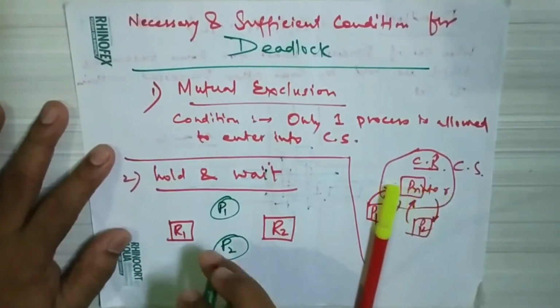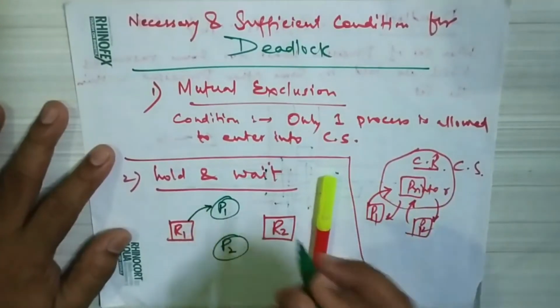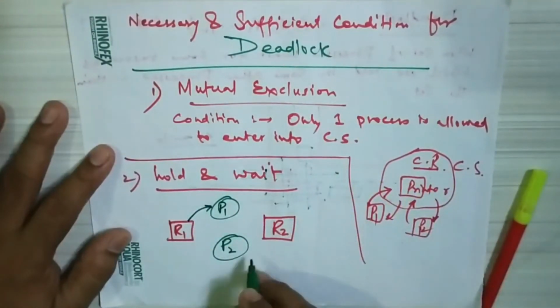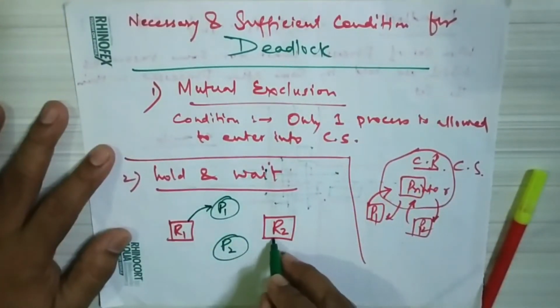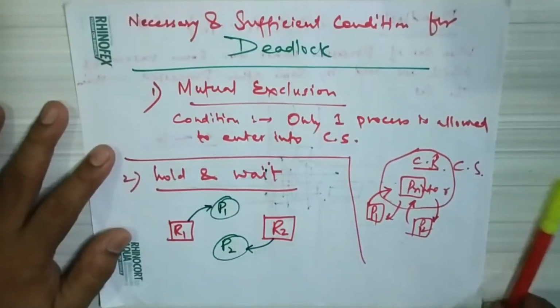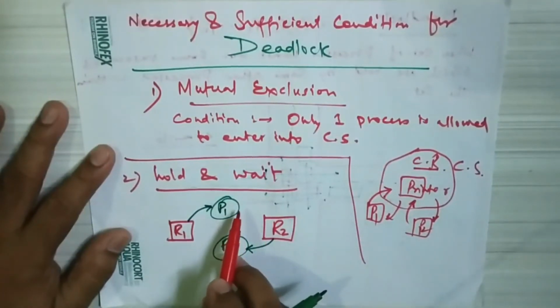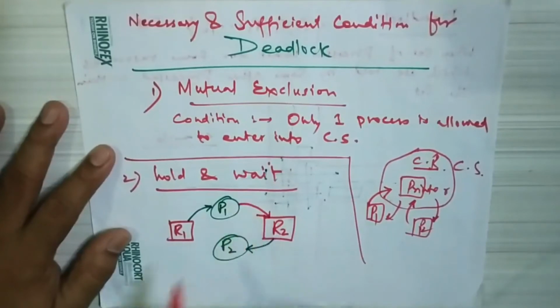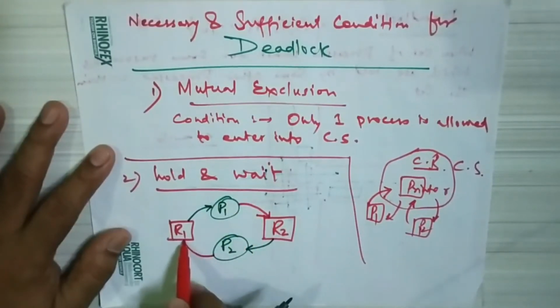P1 is holding resource R1, and R2 is being held by process P2. So P1 has R1, P2 has R2. Now next, P1 requires resource R2 and P2 requires resource R1.